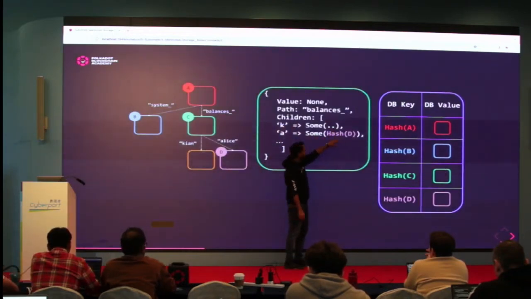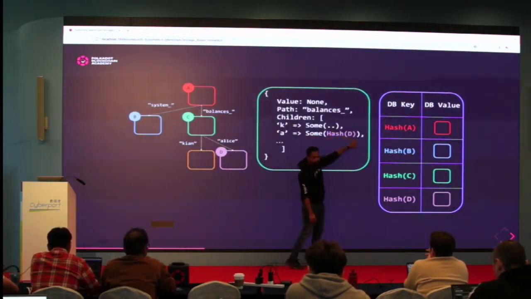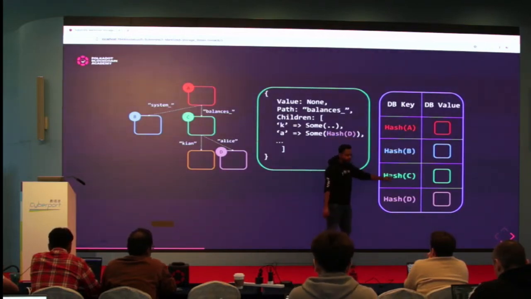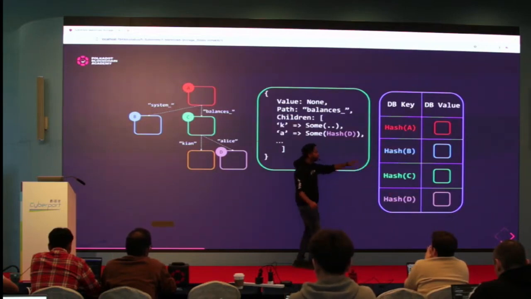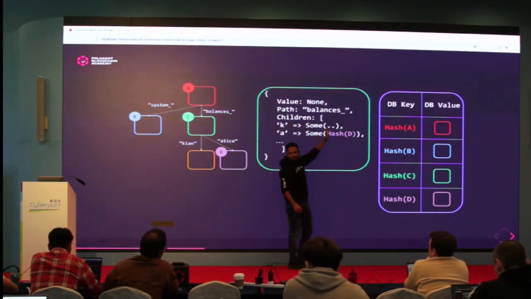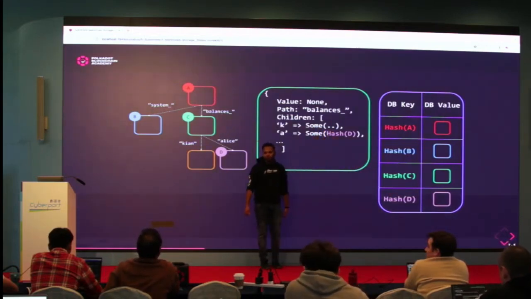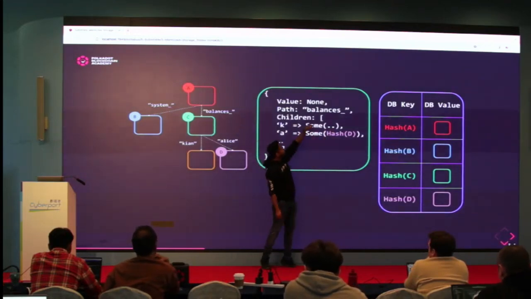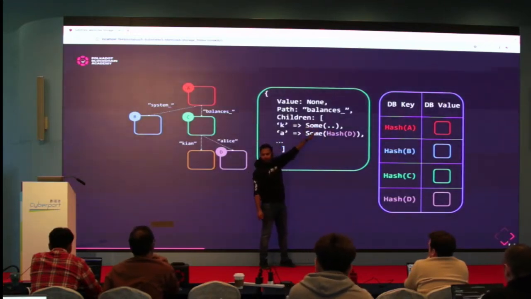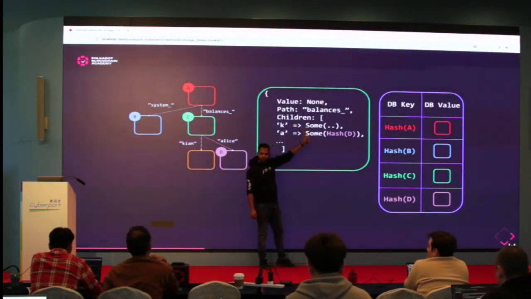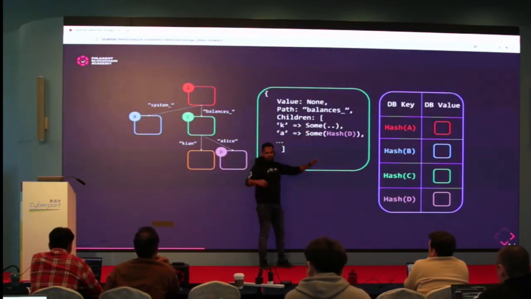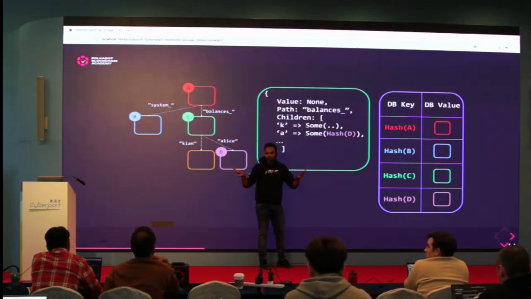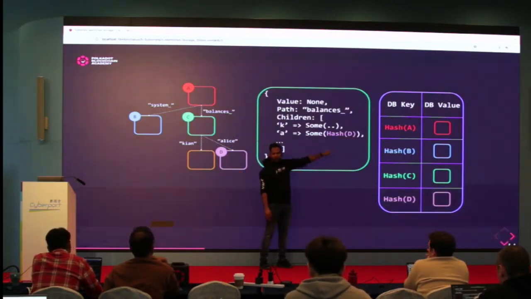So you only care about the hash that you want to query, and you want the whole value so you can hash it again and check if it's correct. But for the other ones, you just take the hash. You don't care about the actual value. So the Kian and Bob children are already contained in the balances node, and you don't care whether those hashes are correct or not. You just have some hashes, that's all. You only care about Alice's child, that's all.